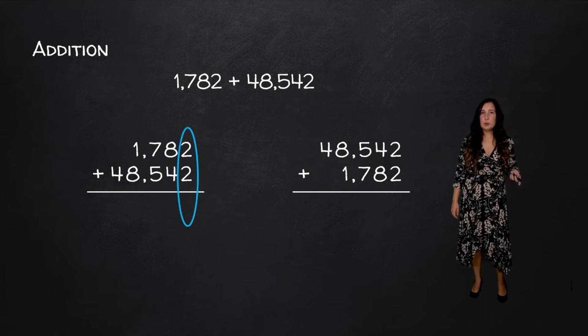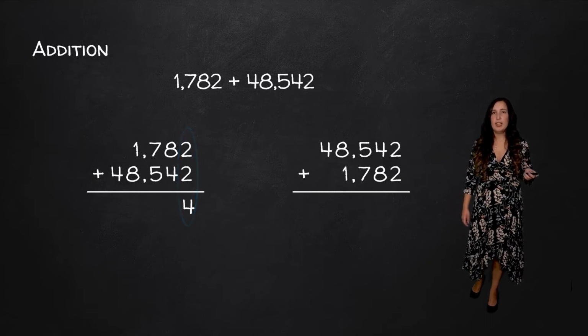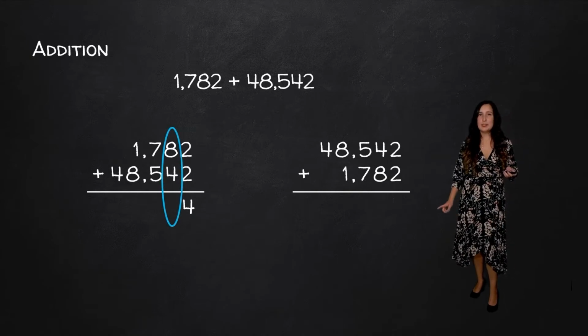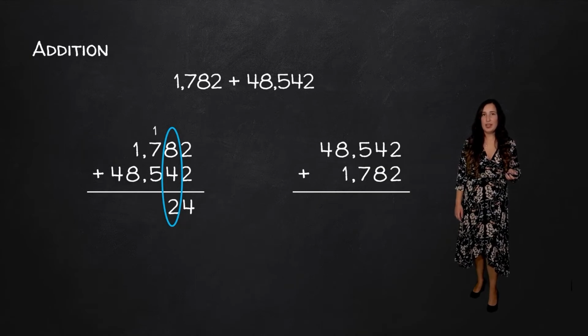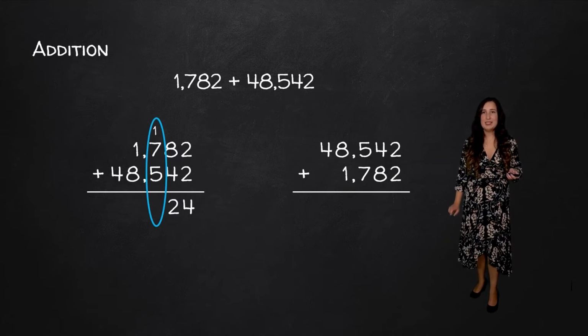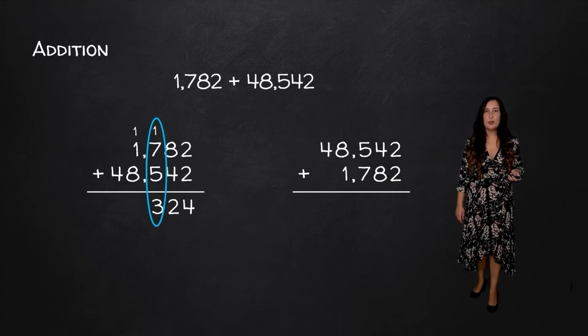So starting with the ones place, 2 plus 2 is equal to 4. So we're going to move on to the tens place, 8 plus 4, that gives us 12. We're going to bring down the 2 and carry over the 1. So now in our hundreds place value, we have 1 plus 7 plus 5. That gives us 13, so we keep the 3 and we carry over the 1.